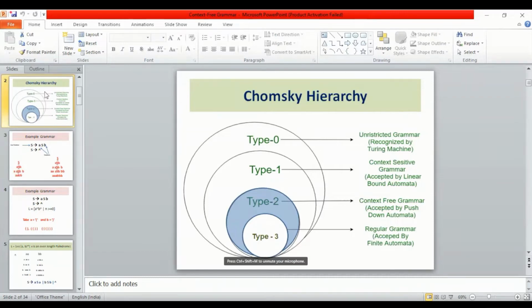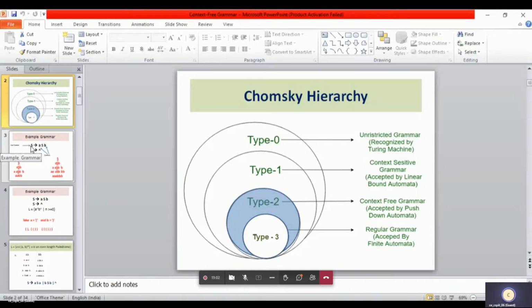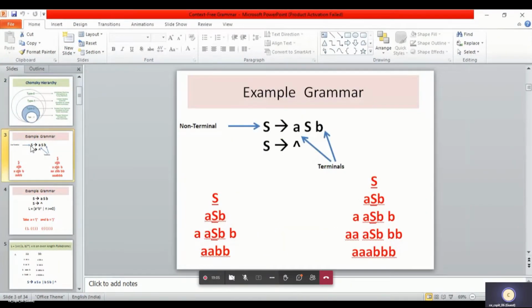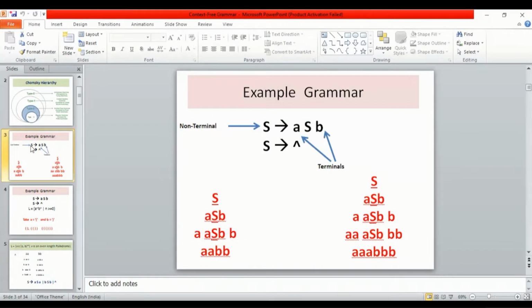So now let us start with our first example, and we are taking a very simple grammar first. Here you can see that I am writing S gives small a, capital S, small b. So we have a variable S, or a non-terminal S, which can be replaced with a S b.